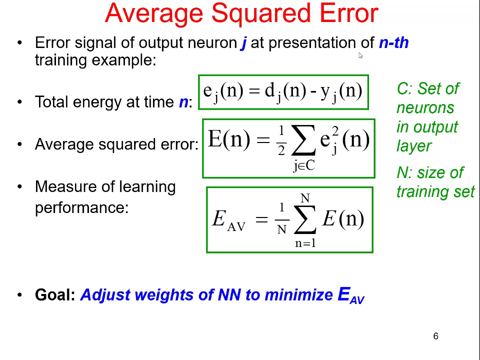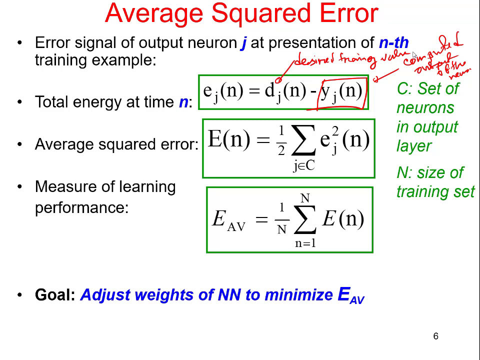For that nth row, the current output of neuron j will be yj of n. That is the computed output of the neuron, and dj is the desired training value that is provided.